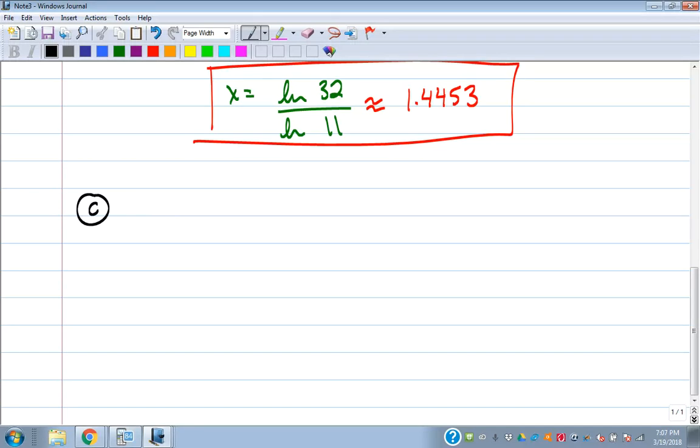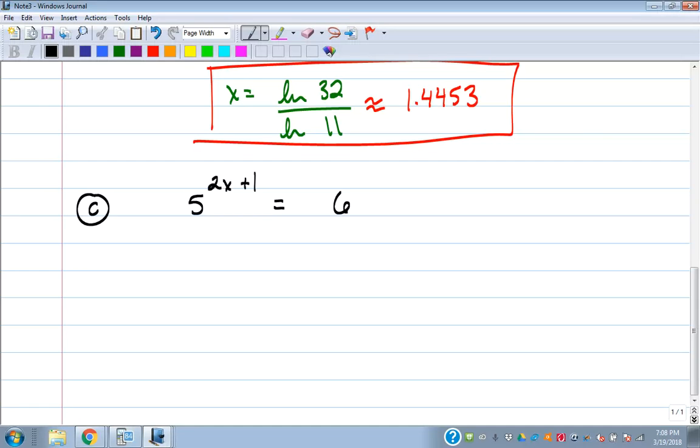So, maybe we got something like 5 to the 2x plus 1 equals 6. Is this much different than A and B?